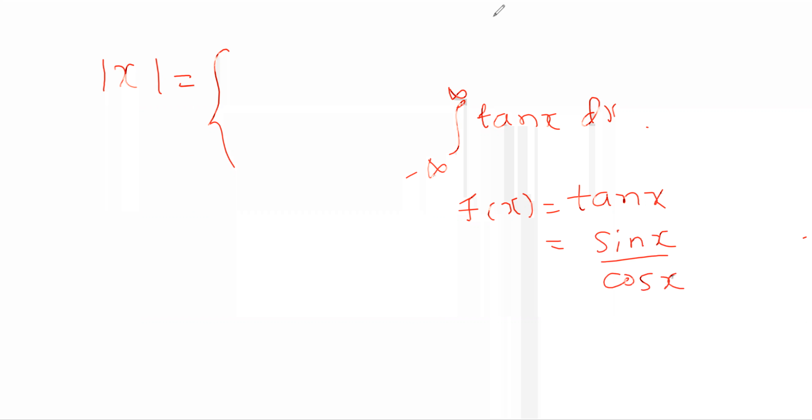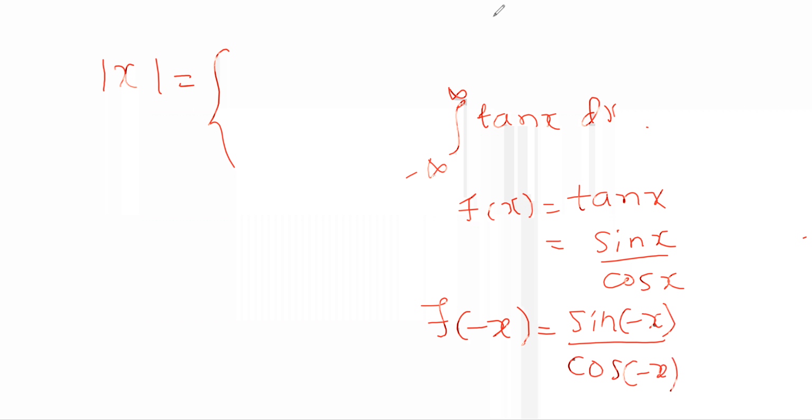Now our aim is to check whether it is an even function or an odd function, so just replace x by minus x. It will be sin of minus x by cos of minus x. Sin of minus x is minus sin x, and cos of minus x is cos x.